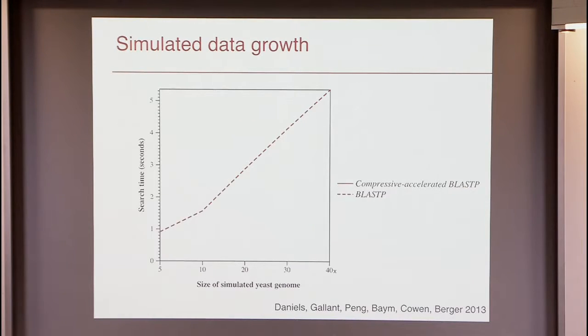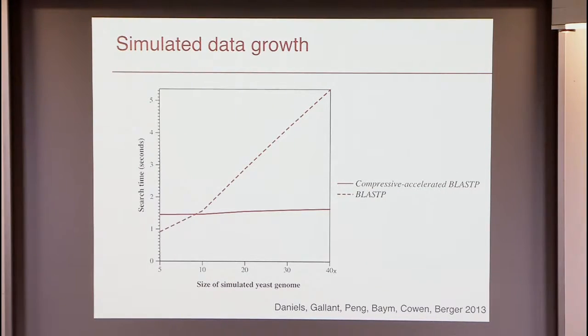Now, on a simulated data set where we multiplied a yeast genome with mutation, standard BLAST-P takes, as you would expect, roughly linear time in the size of the database. I think this inflection point is actually a cache artifact. And the compressively accelerated version gets much closer to almost looking like constant time as the data set grows.